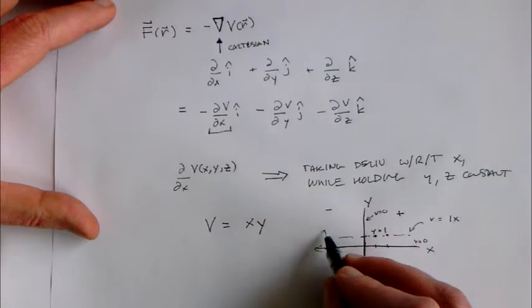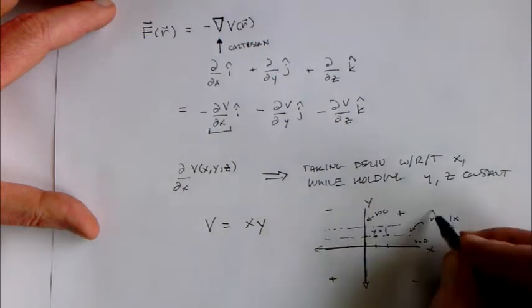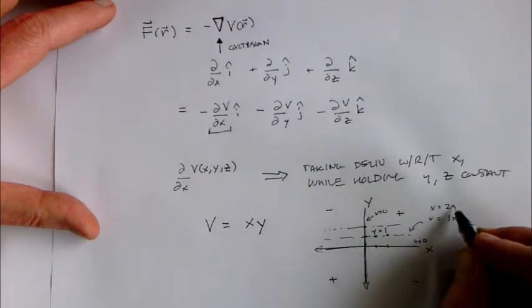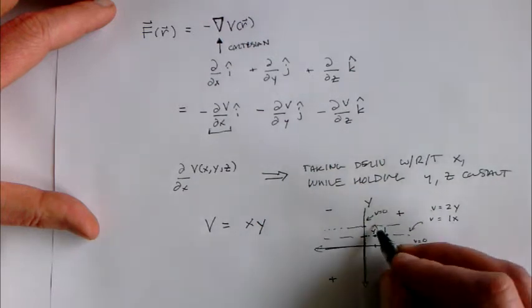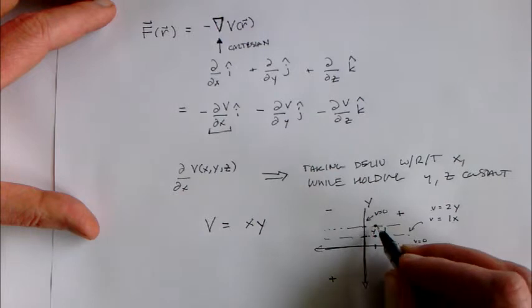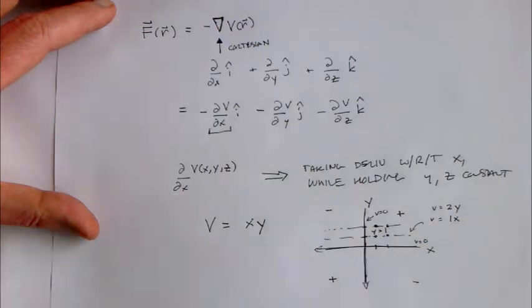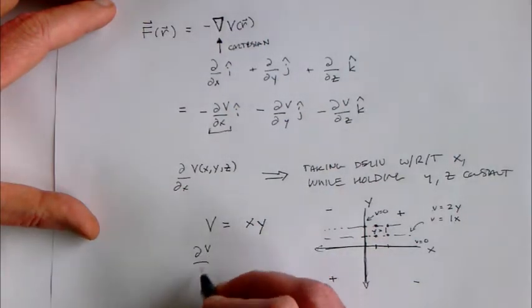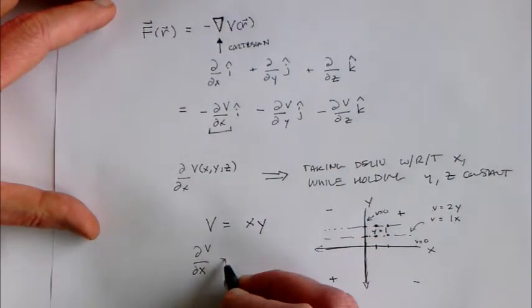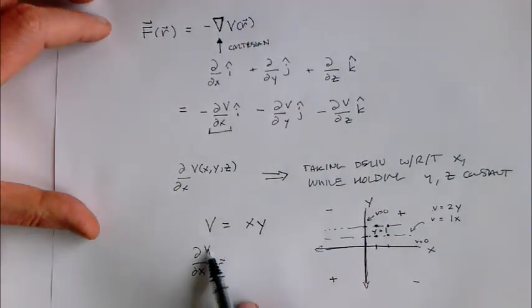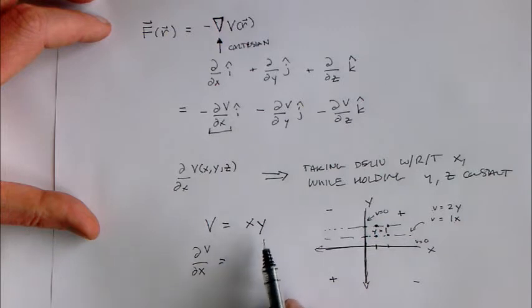If I take a second line, with y is equal to 2, along that line, v is equal to 2x. So at this point, if x is 1 and y is 2, it'll be 2 here, it'll be 4 there, and so on. So when I take the partial of this with respect to x, what I'm basically asking is, what's the derivative of v along some line for which y is constant, right?